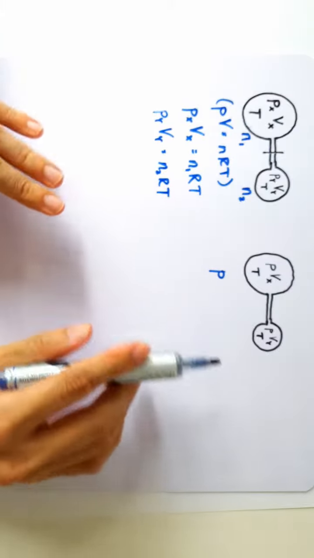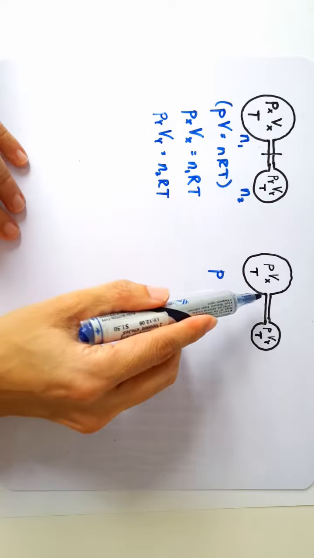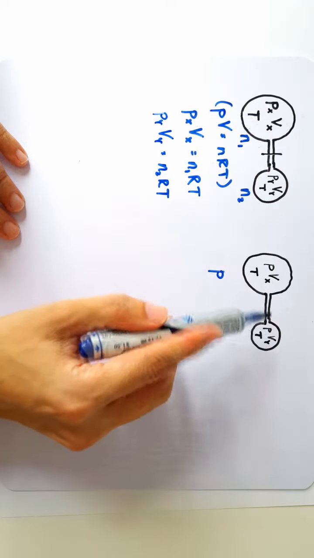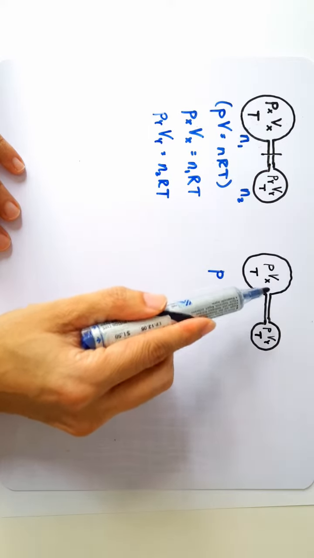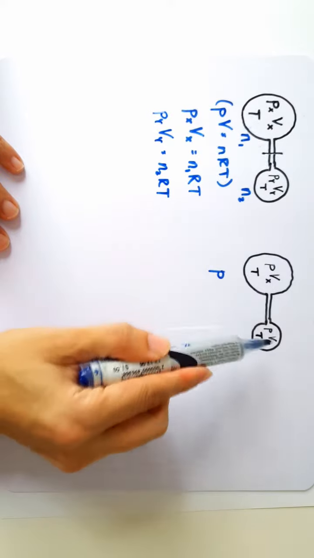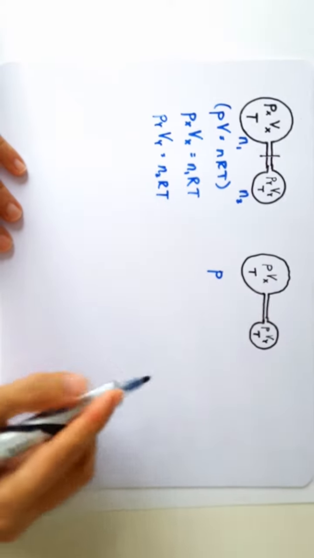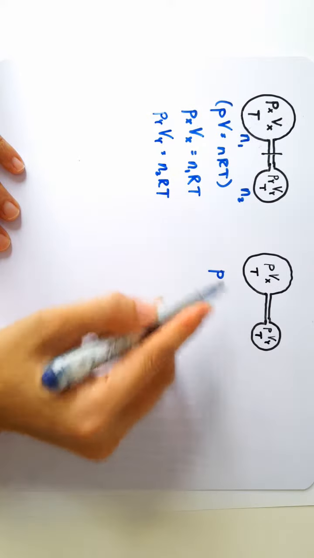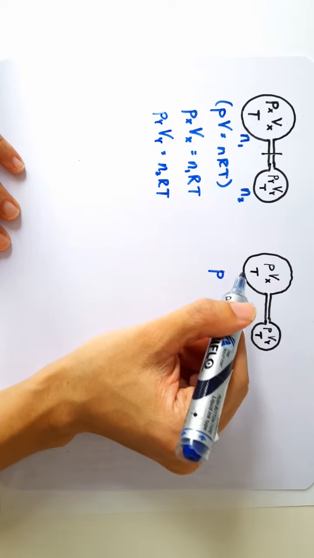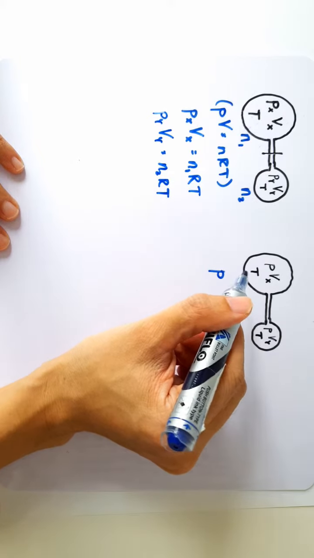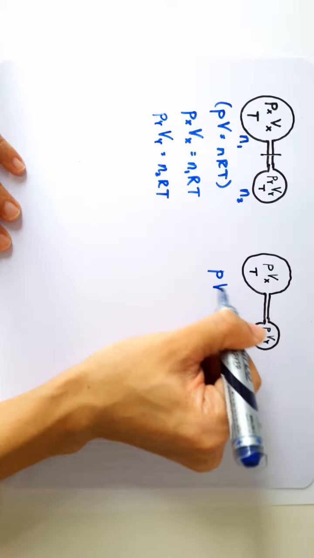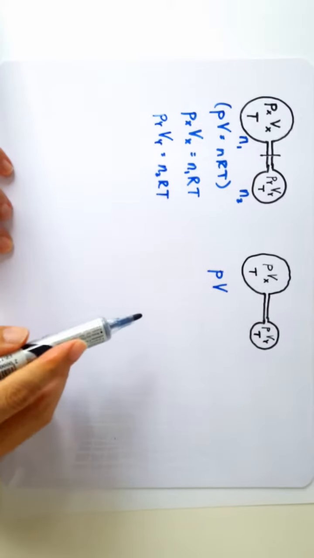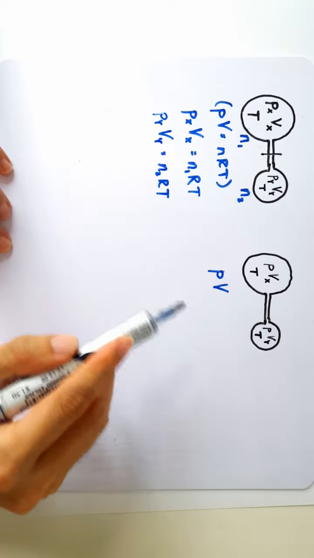So if everything is settled, I mean that when there's no more net movement of gases from one flask to the other, it must mean that the two flasks are at the same pressure. So the pressure of this combined gas is P, and the volume of this combined gas is of course V, because the question says that V is the total volume of these two flasks.